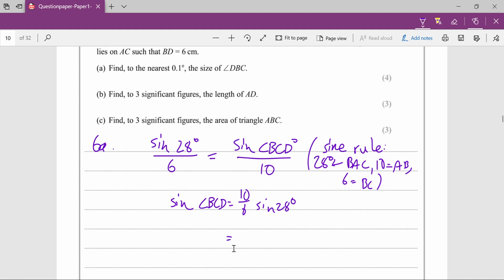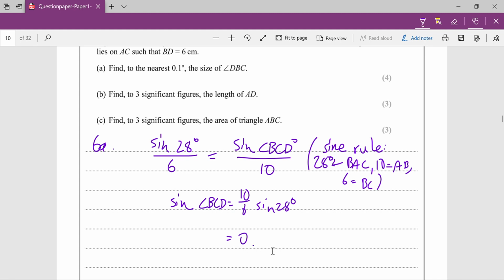And this evaluates to 10 divided by, oh dear, the calculator's not working. 10 divided by 6 times sine 28 degrees would be 0.7824, and so on.